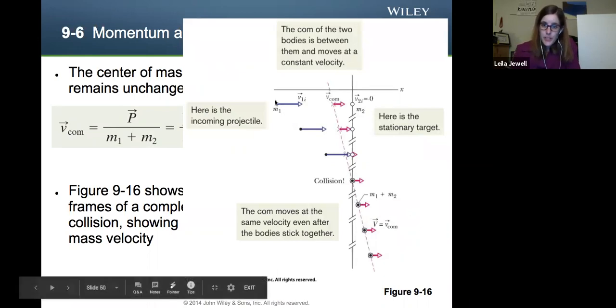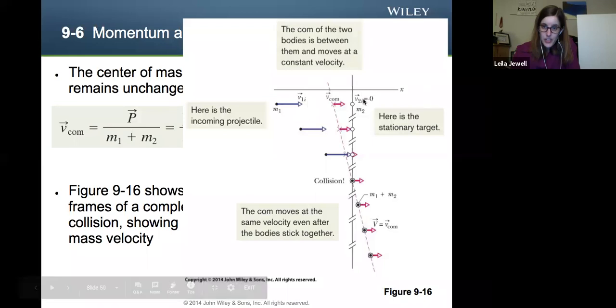So we have a scenario where we have a projectile coming in, v1I, towards a stationary target. v2I is equal to 0. The center of mass is located where it looks like m2 is a little bit bigger. And it's an average, right, of the two velocities as well as that position.